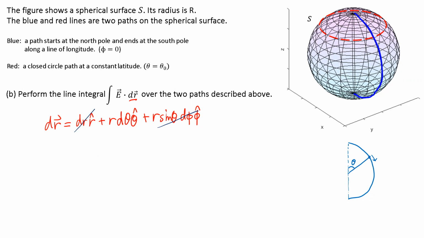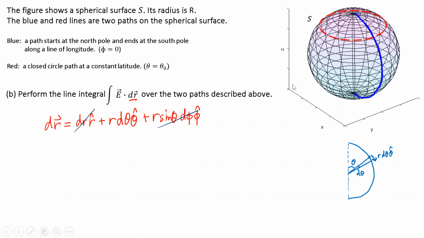Then your dr is that after your theta coordinate has changed by some small amount d theta, the step that you make is indicated by this small arrow, which is r d theta theta hat.